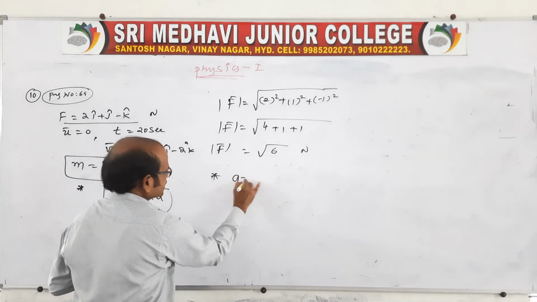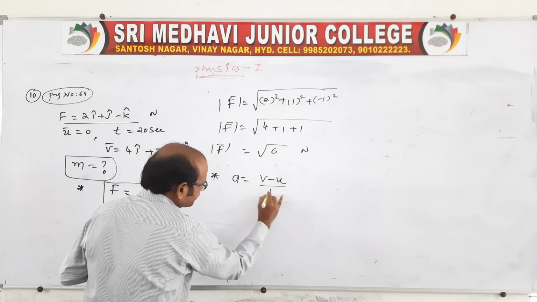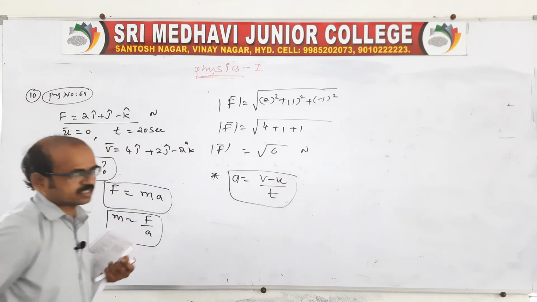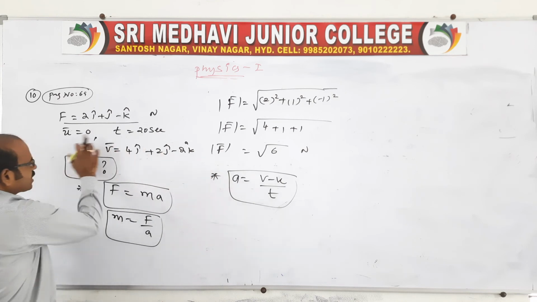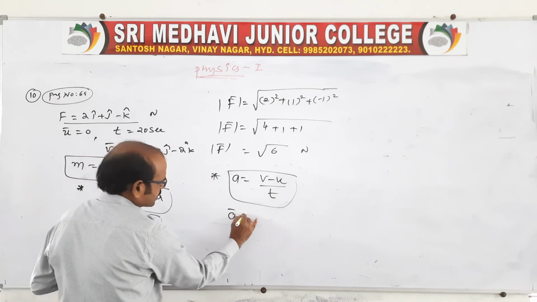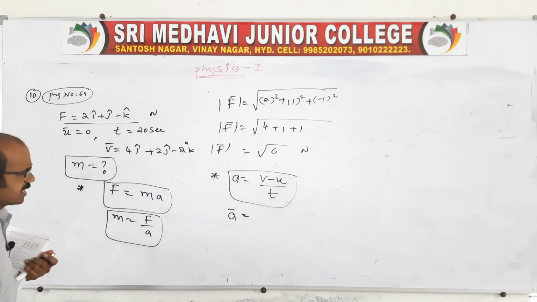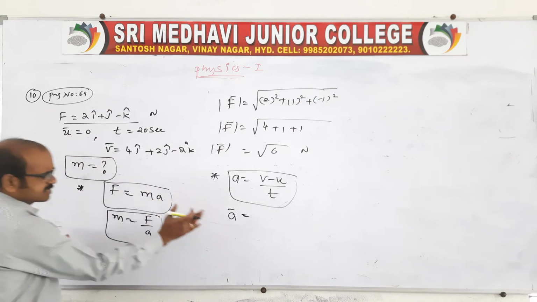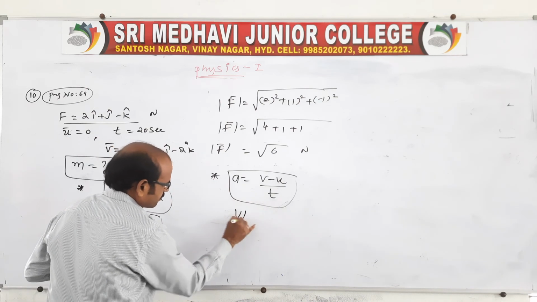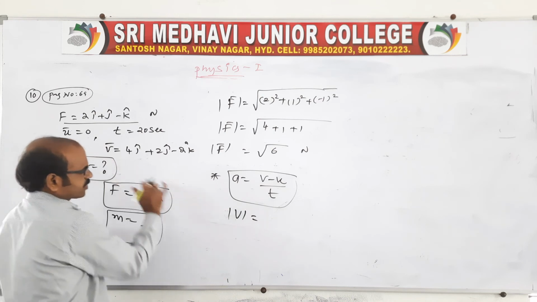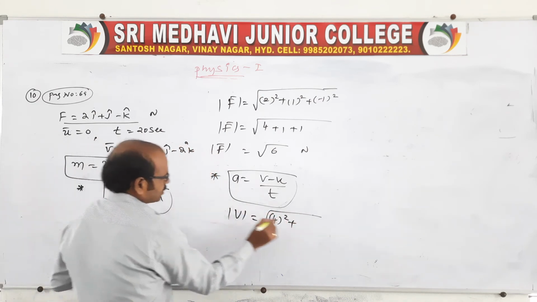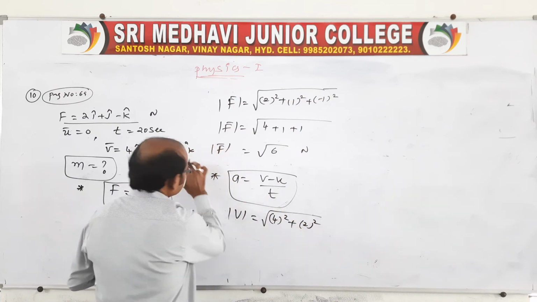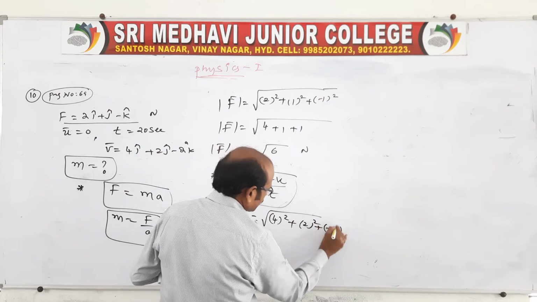Actually we know acceleration is equal to v minus u by t. Here v is given, u is given, and time is given. We can first find the magnitude of velocity: 4 square plus 2 square plus minus 2 whole square.